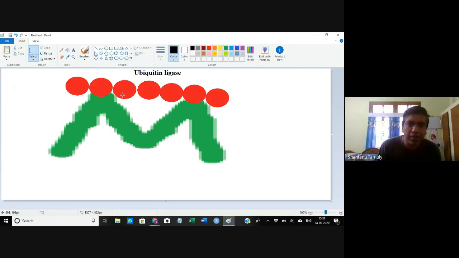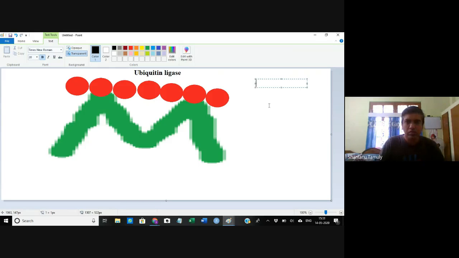Now this complete protein will move to another protein that is called proteasome. Proteasome has a cylindrical structure. It is also a protein.